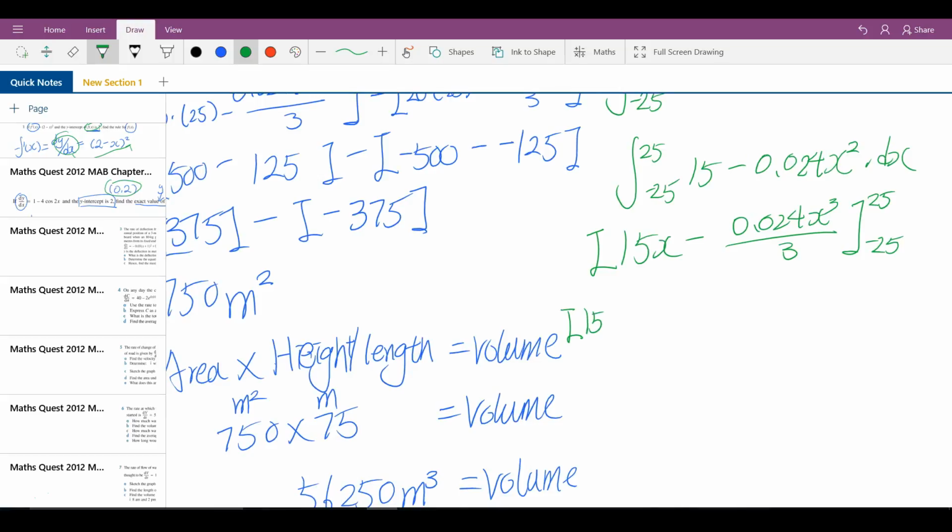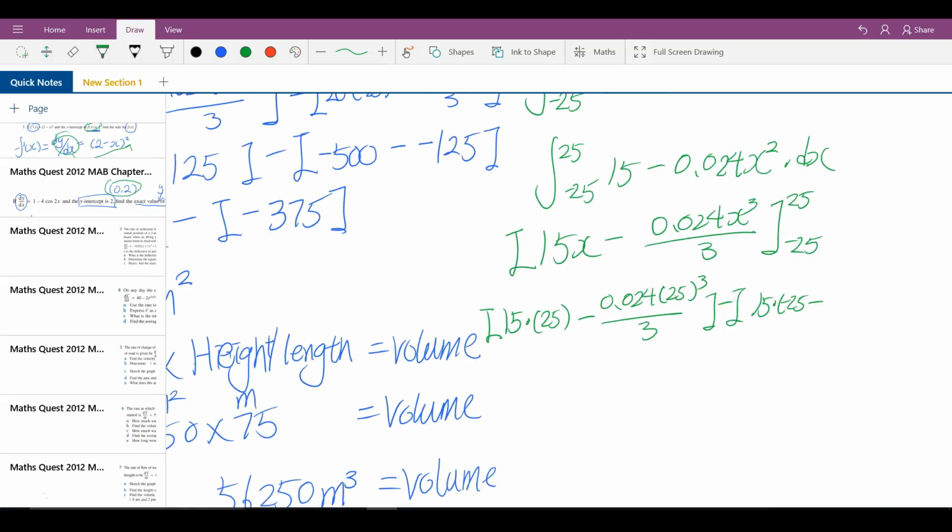So it's 15 multiplied by 25 minus 0.024 multiplied by 25 cubed all over 3, then minus 15 multiplied by negative 25 minus 0.024 multiplied by negative 25 cubed all over 3.